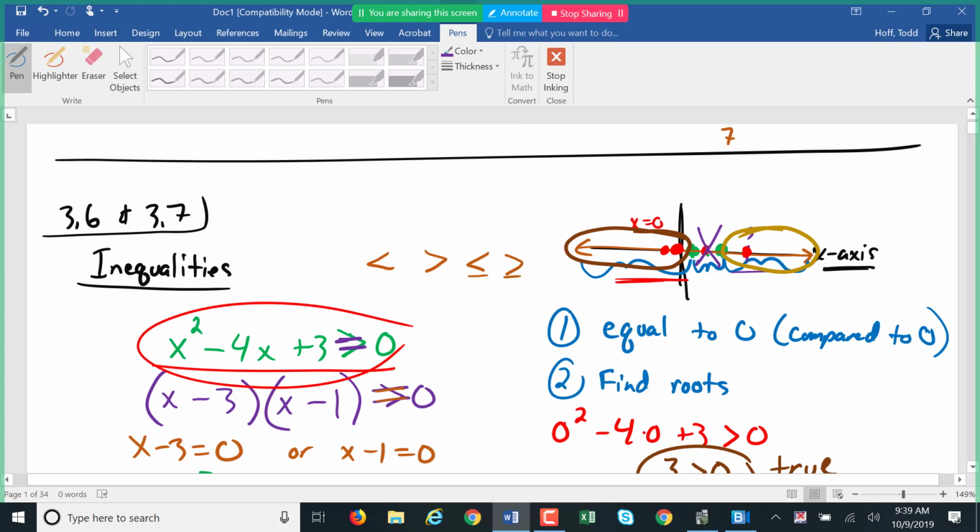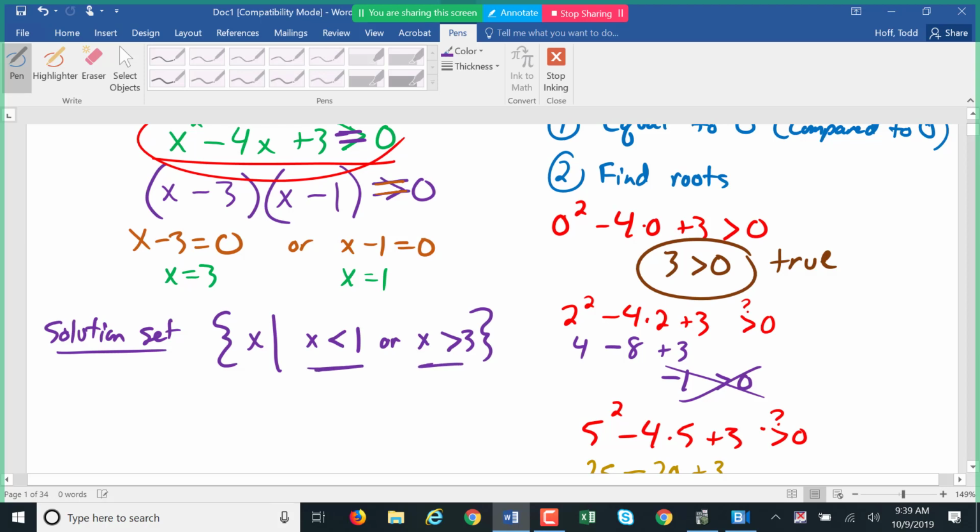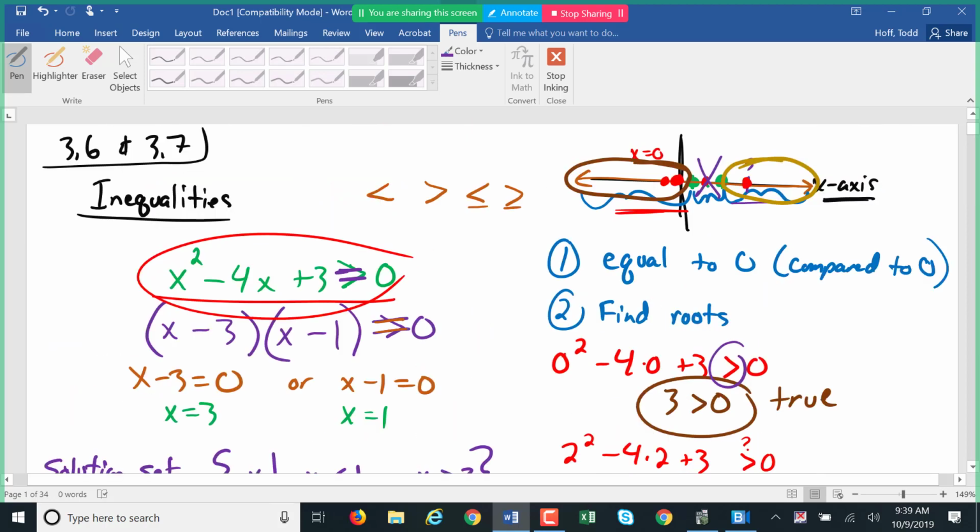We can express that using 2 different types of notation. We could do set builder notation or solution set notation, where we would say that this is true for all values of x such that x is less than 1 or x is greater than 3. Notice I use strictly less than and strictly greater than here because my original sign was strictly greater than.